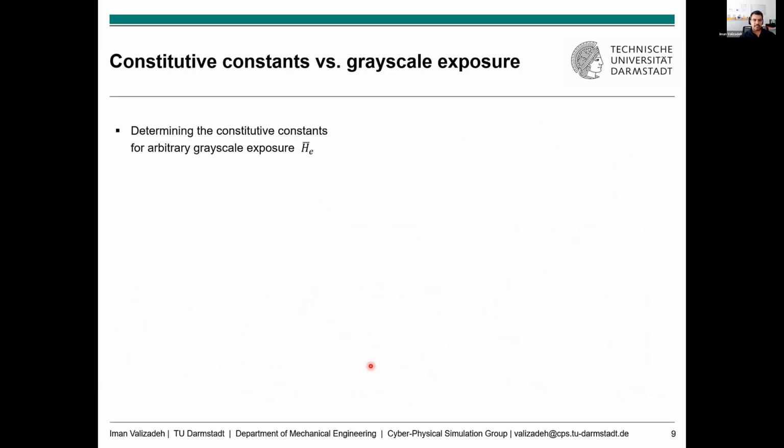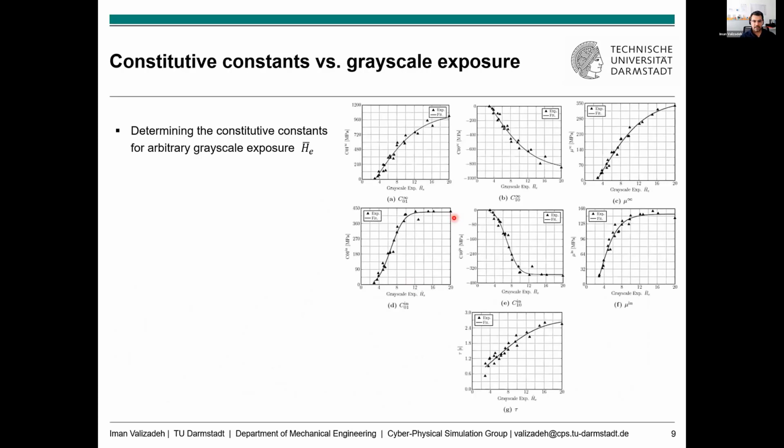So the next step is that we want to determine the constitutive constants for any arbitrary grayscale exposure. Regarding the behavior of the material, we propose a hyperbolic tangent function. We see these dark triangles from the experiments, the fitting of the constitutive model to the experiments.